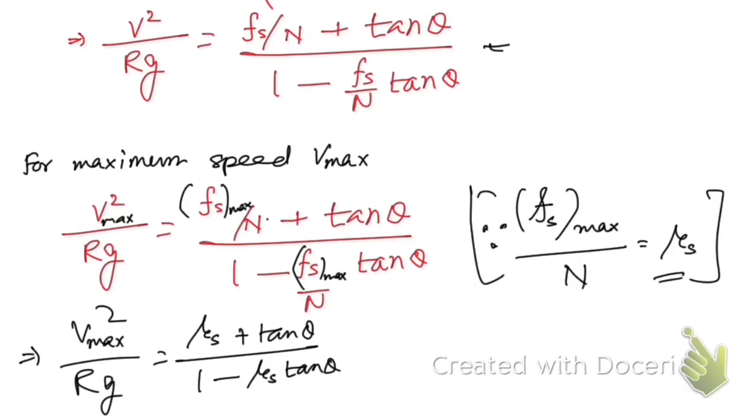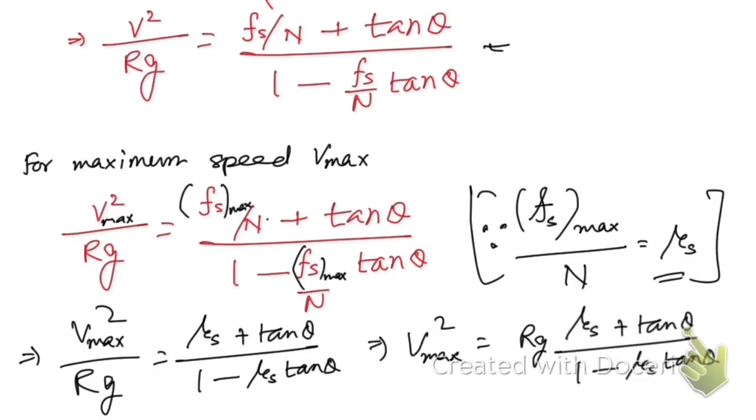Hope you have understood this. So therefore V max square will be equal to Rg into, let me write the right hand side here, into this. And if you remove this square, then what you're going to get is this expression, right? So that's the answer. Hope you have understood this.